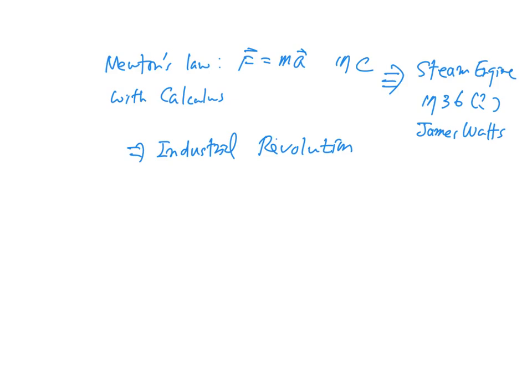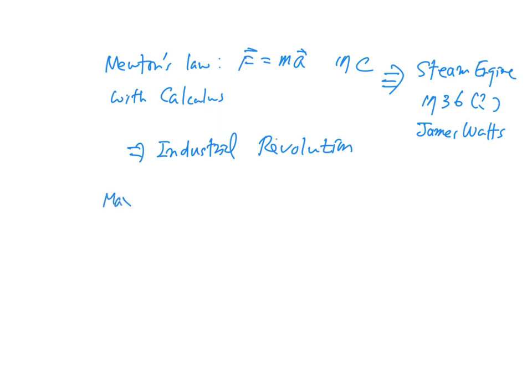Because after Newton, they were able to analyze force mathematically. And if you can analyze, you can design. So analysis leads to the design of the machine. And one thing led to another, it became an industrial revolution.